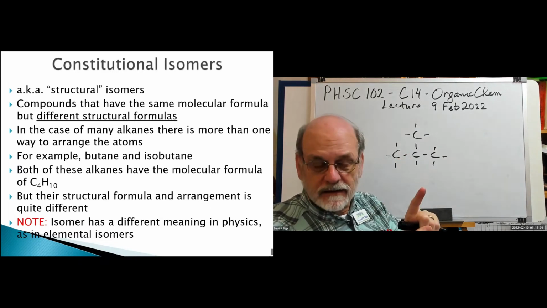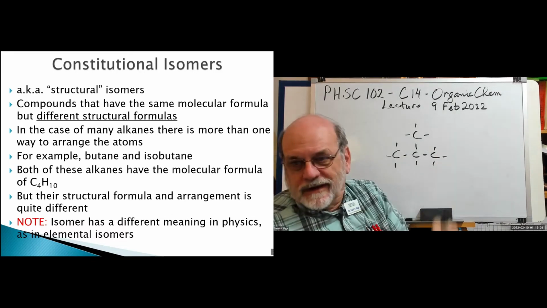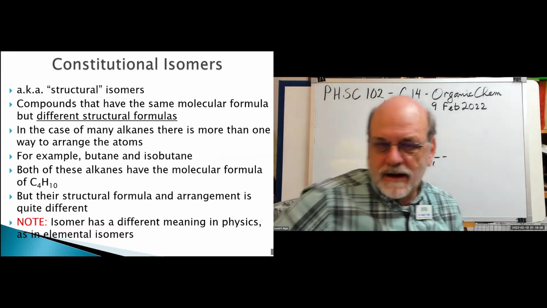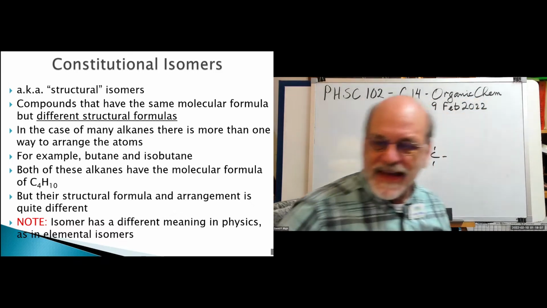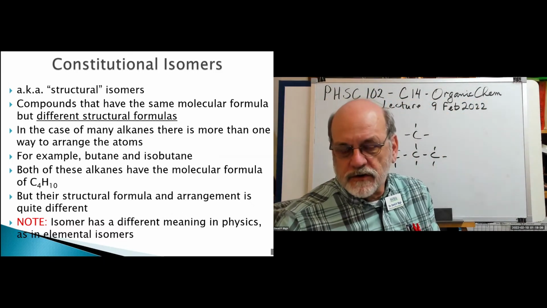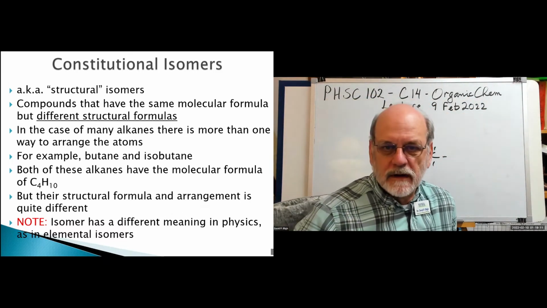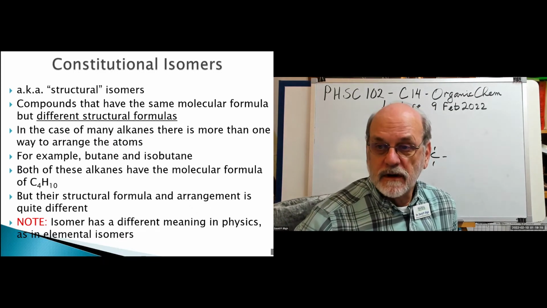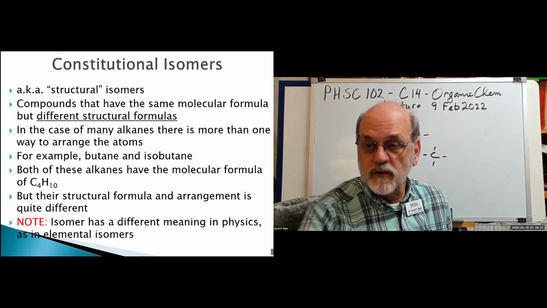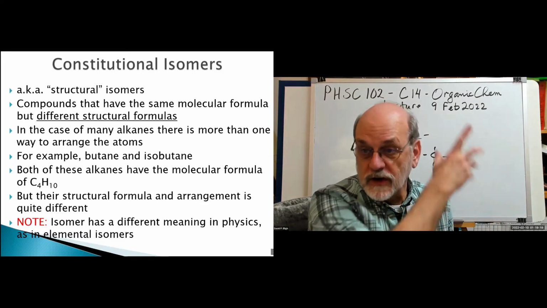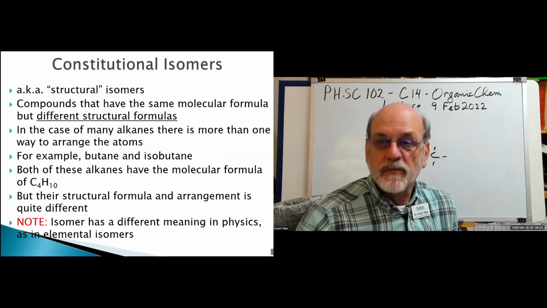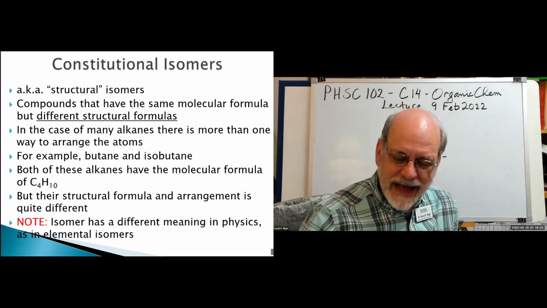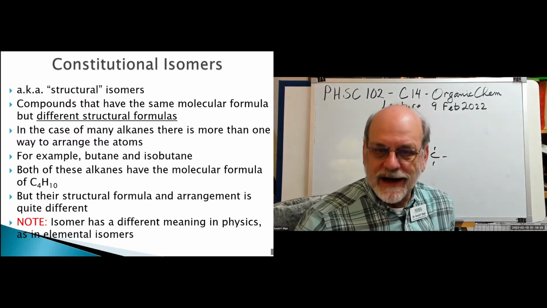Like methane, it's only got 1 carbon, so that's it. Ethane has 2 carbons. There's no way to branch that one. Propane has 3 carbons. You can't branch that one because if you move one of the carbons over to another carbon, you still got a straight chain. Butane is the first alkane where you can start to get isomers.